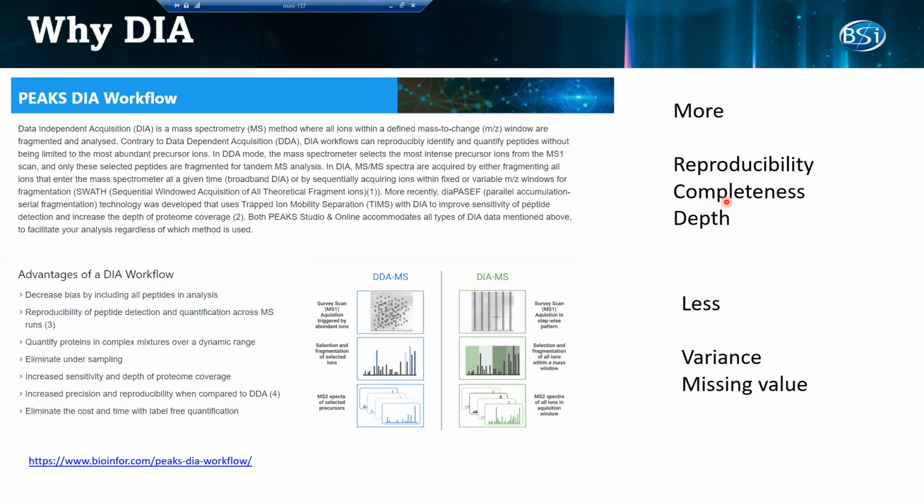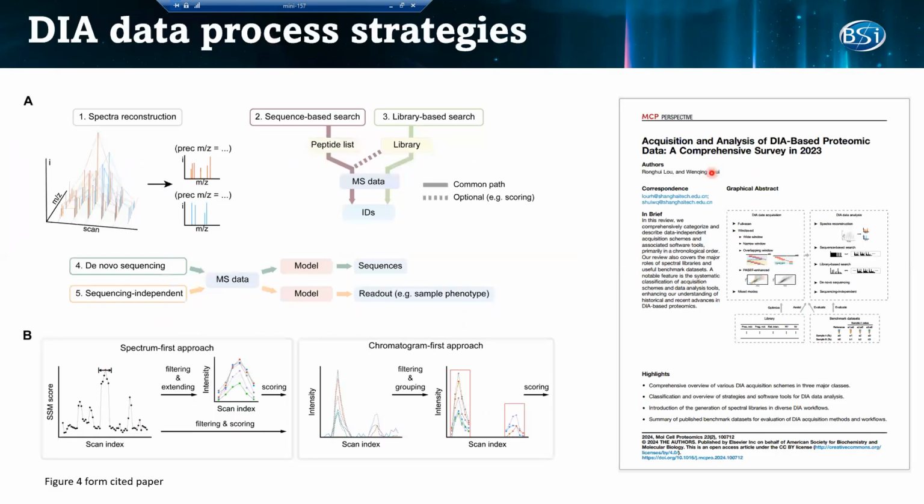This also means that in DIA data we have less variance and fewer missing values. That is the advantage of the DIA acquisition method, but it also raises the question of how the software can show this advantage of the DIA method.